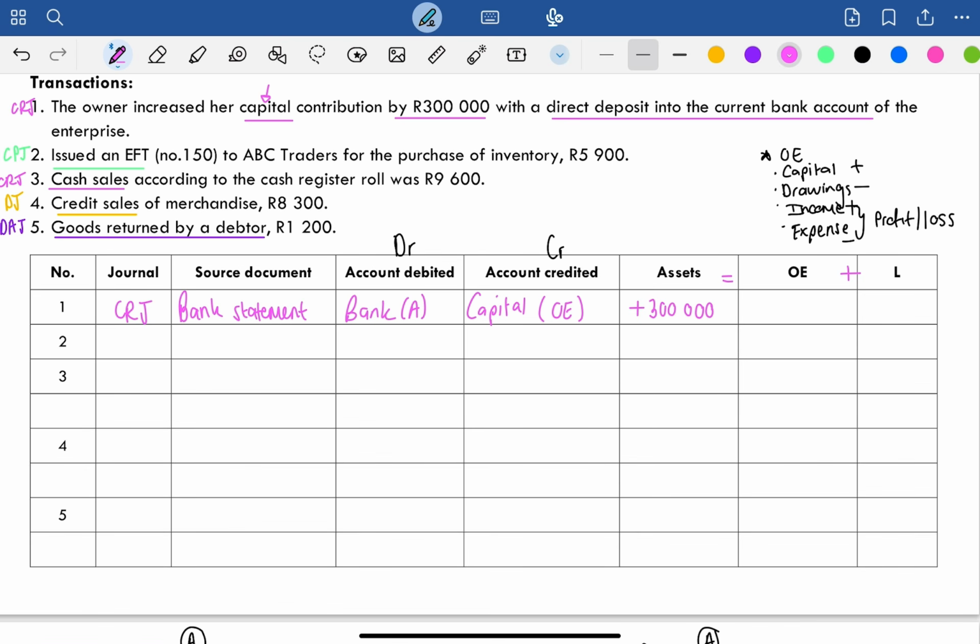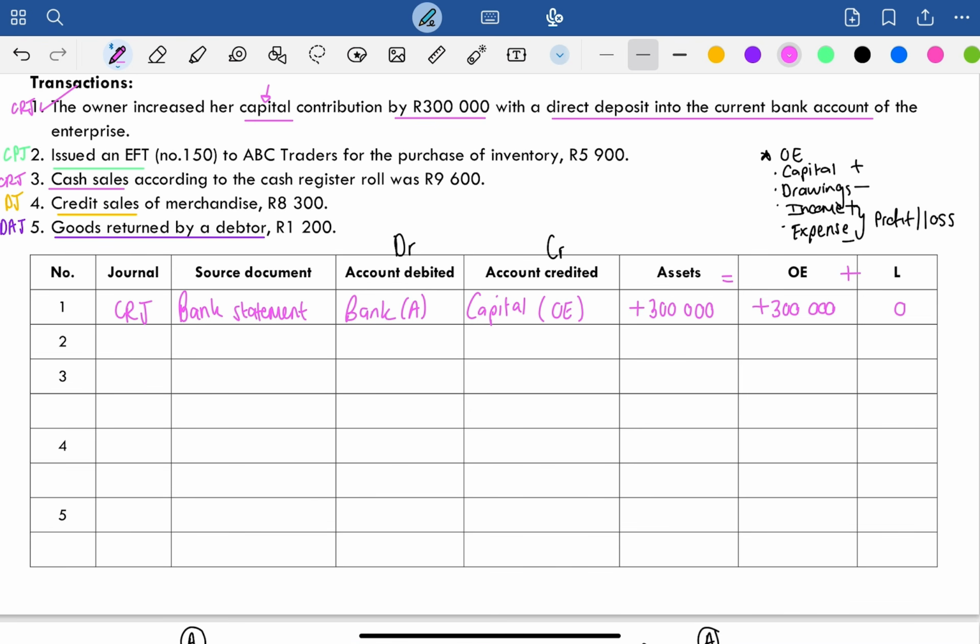And therefore, because we are working here with capital, we're going to say that capital always increases owner's equity. Now this equation is in balance because positive 300,000 is equal to positive 300,000. So I would not be able to put a minus there. That would mean that my equation is out of balance. So that is definitely just a way to check, did you do this correctly?